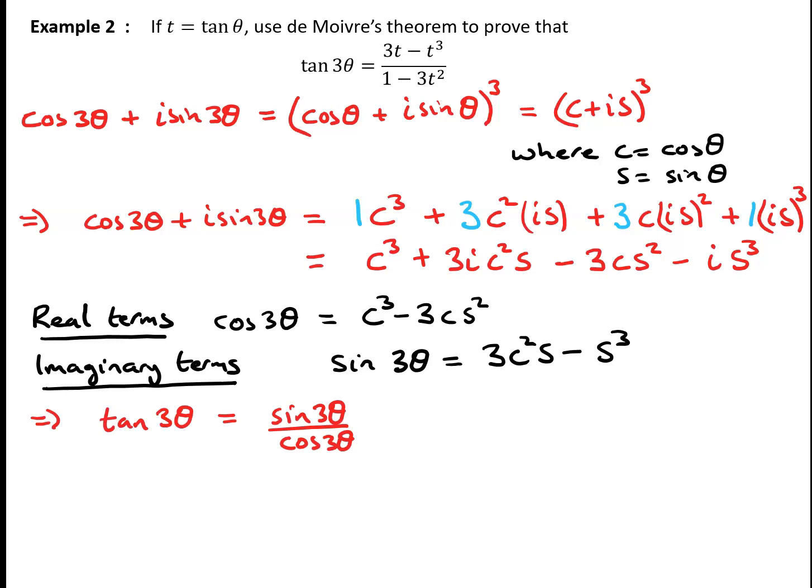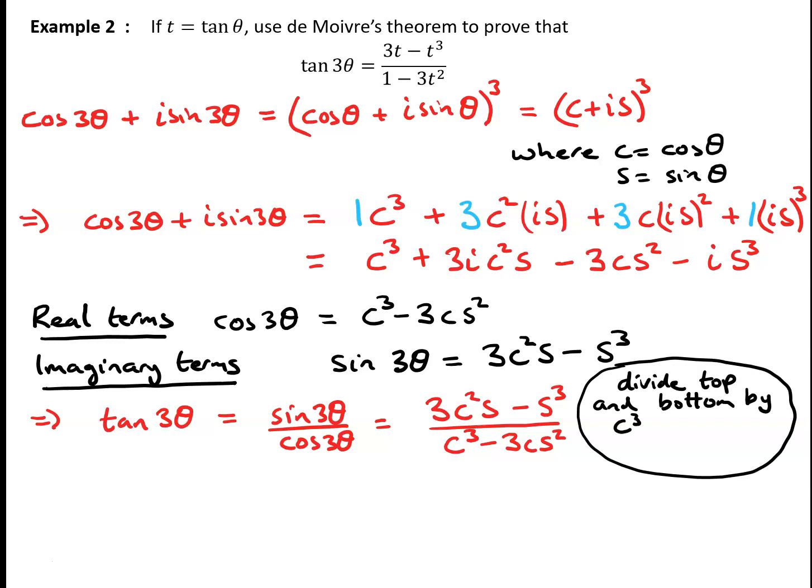Now tan 3 theta is sine 3 theta divided by cos 3 theta. So that is 3c squared s minus s cubed divided by c cubed minus 3c s squared. And at this stage we need to divide the top and the bottom of this fraction by c cubed.